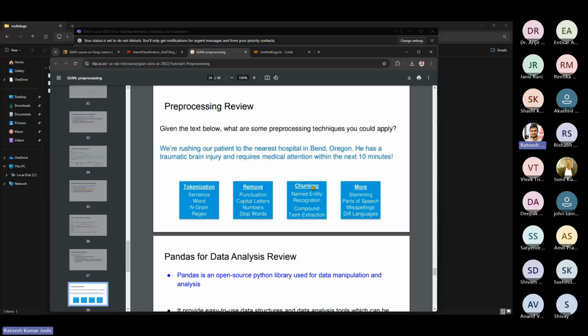We can also apply part of speech tagging. We try to remove misspellings and we try to make sure that our model works with different languages, right? Instead of working with English, let's say we can work with Hindi, and for Hindi also we'll do the same thing, right? Some of the components of some of these methods shown might not apply to all the languages, but generally most of them should apply.